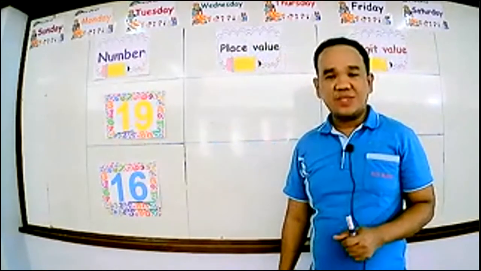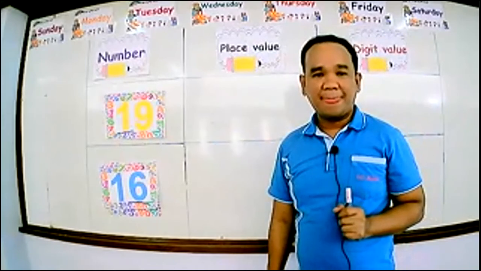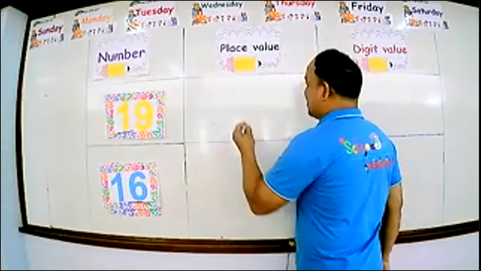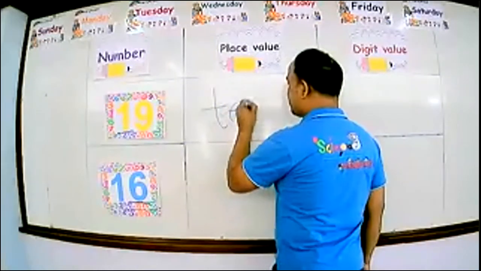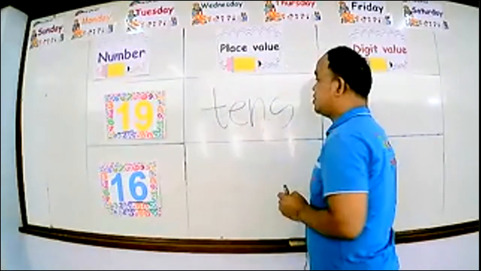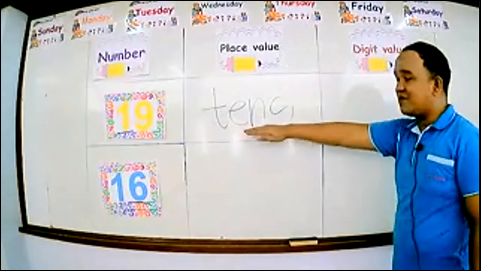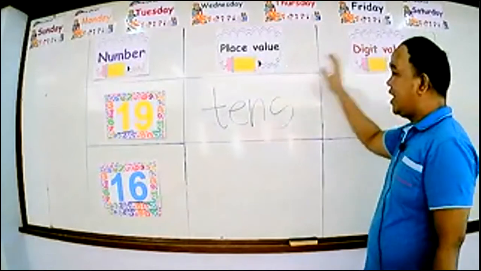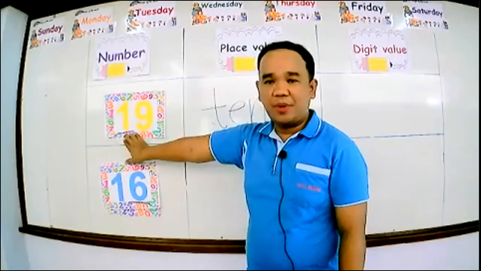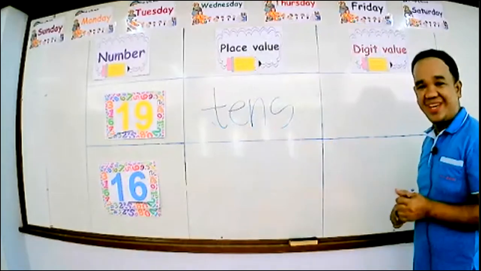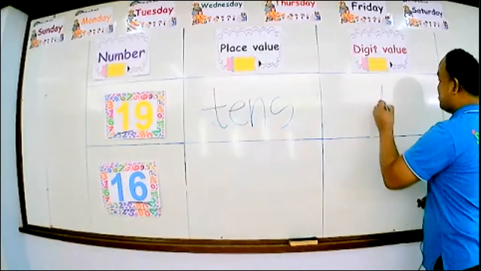Is it ones or tens? Very good. It's tens. Okay. Now, what is the digit value of tens? Our underlined number is 1, and the digit value is 1.